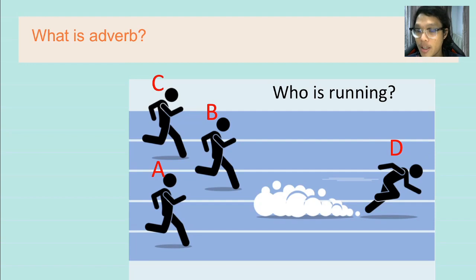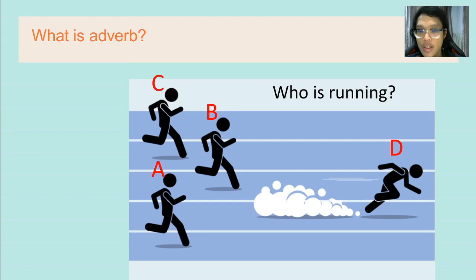So I asked you who is running, A, B, C, or D. Everyone will see that every person in the picture is running. A is running, B is running, C is running, and D is running. So how do we distinguish the people? How do we clarify and give more details about how each individual person is running?